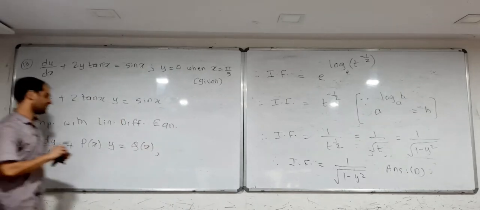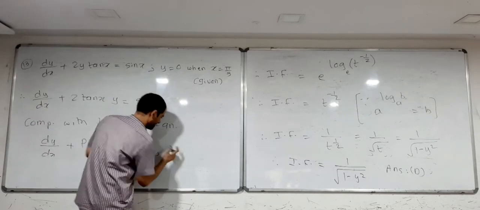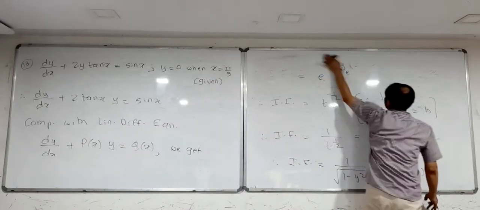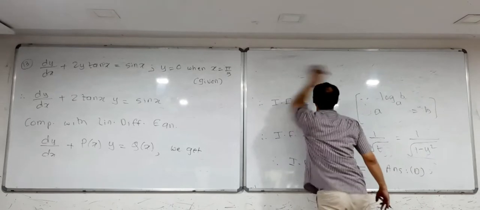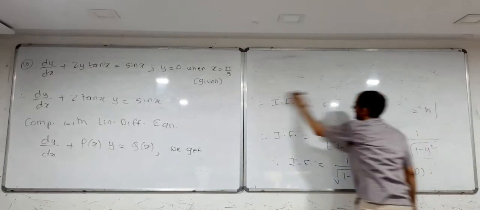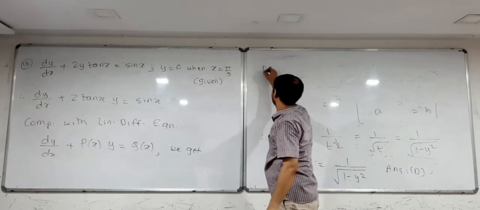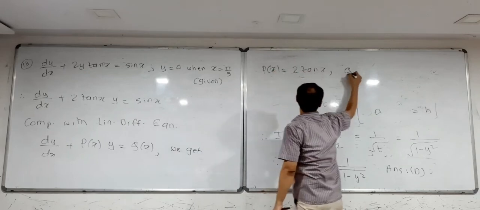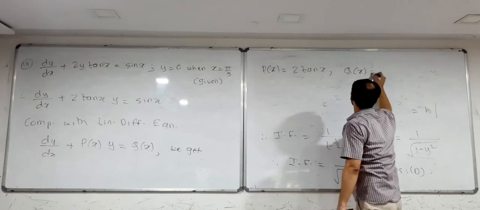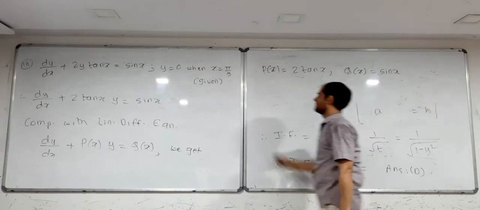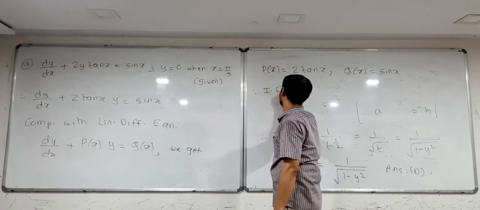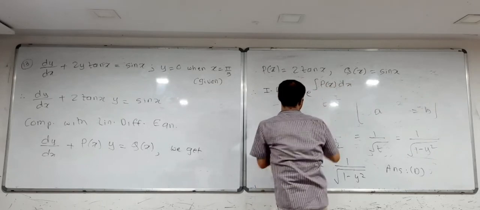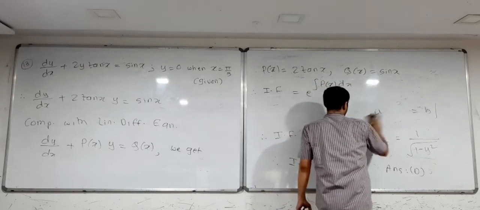We get p of x is 2 times tan x, and q of x is sin x. Okay, now सबसे पहले integrating factor निकालो.